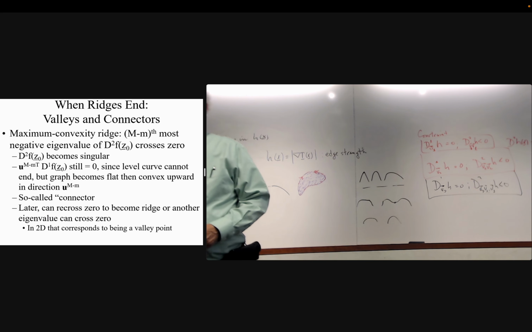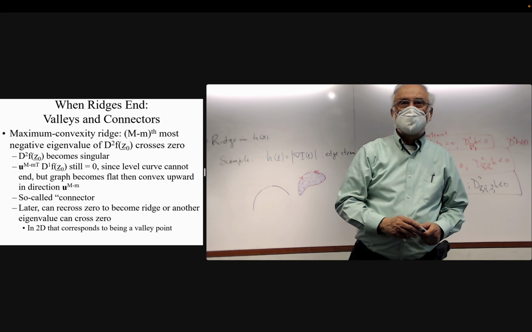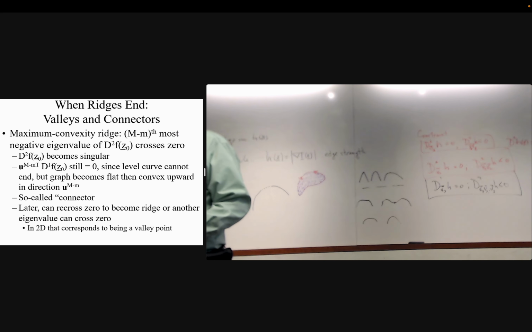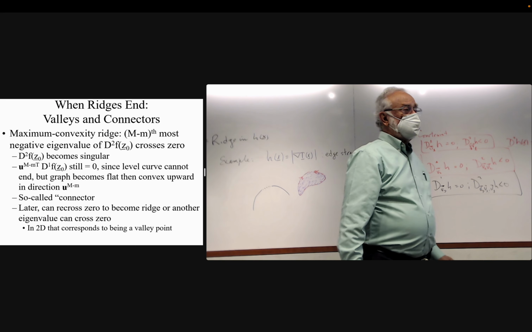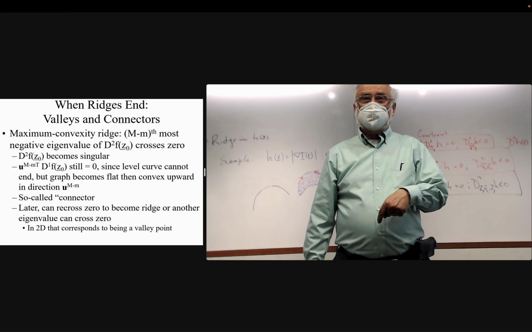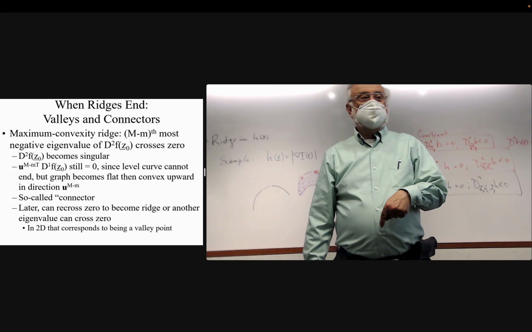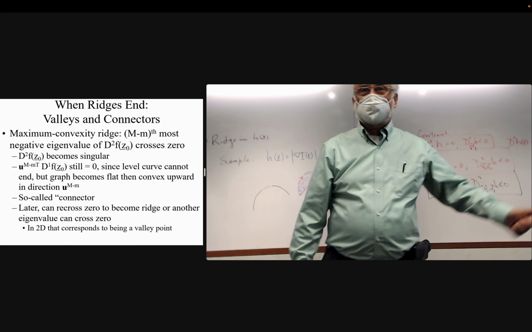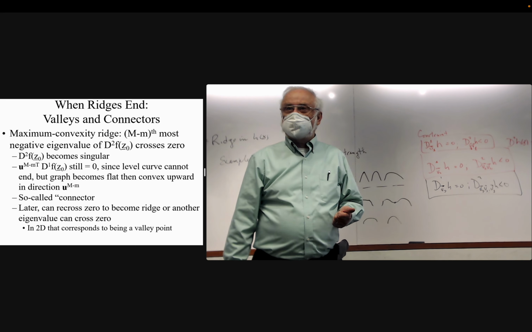And in that depression, there's no longer a ridge, but you can still walk the curve. Yeah, exactly. Okay, so you have these sort of connector curves where the first derivative is still 0, but you don't satisfy the second derivative criterion or criteria.